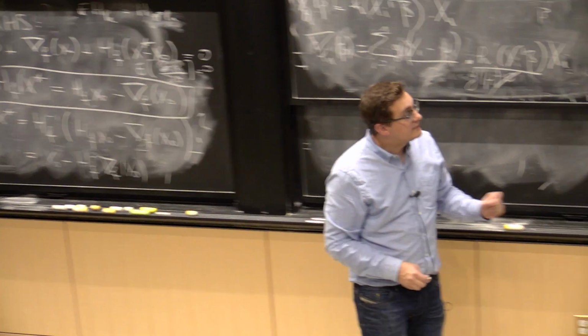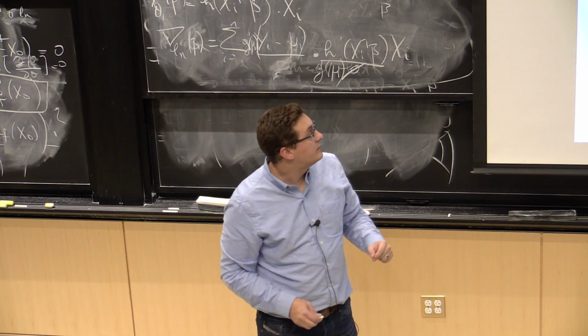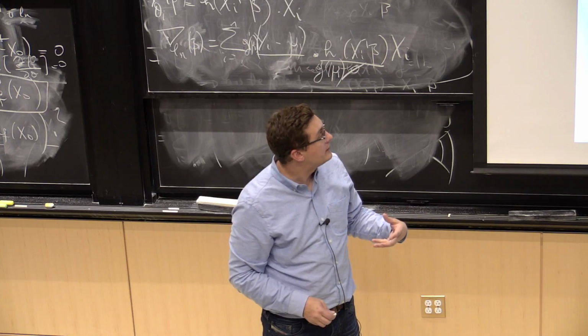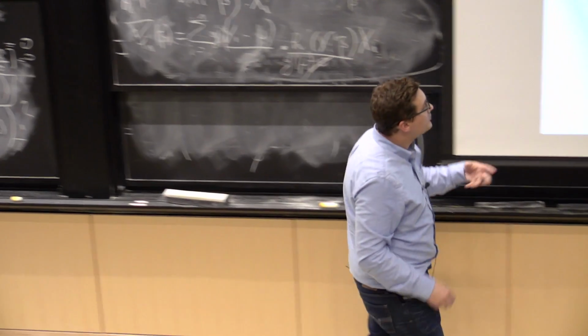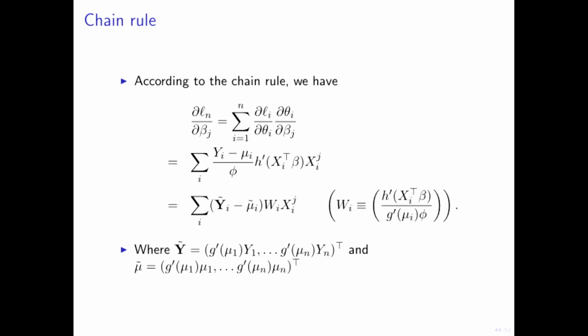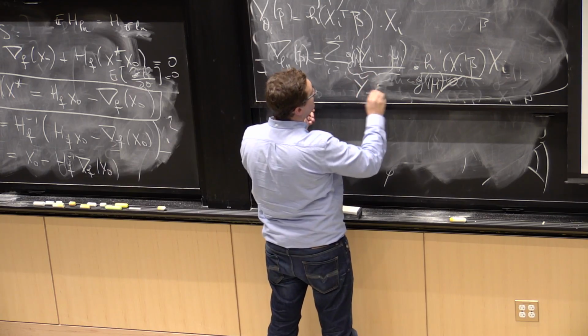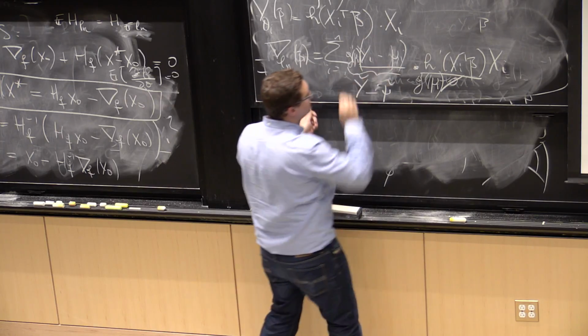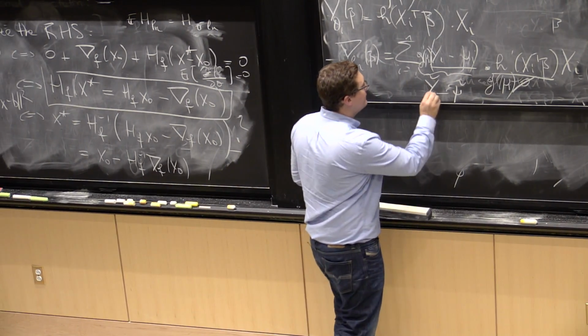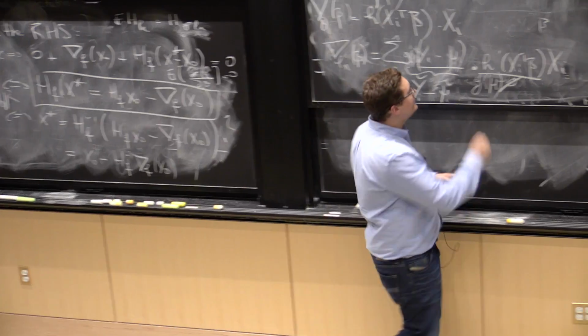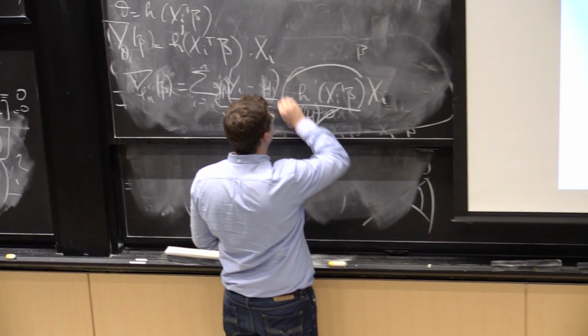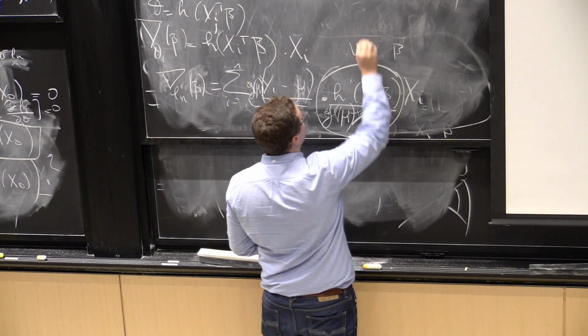Why do I do this? Well, that's actually going to be clear when we talk about iteratively reweighted least squares. But now, essentially, I have a new y and a new mu, so this thing is now y tilde minus mu tilde. Now this guy here, I'm going to call wi.